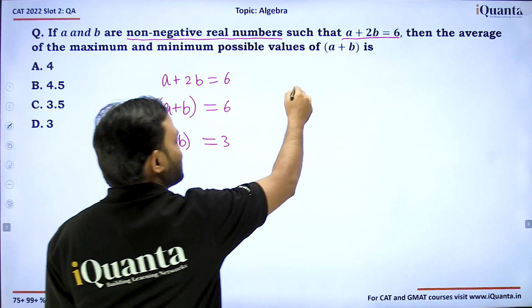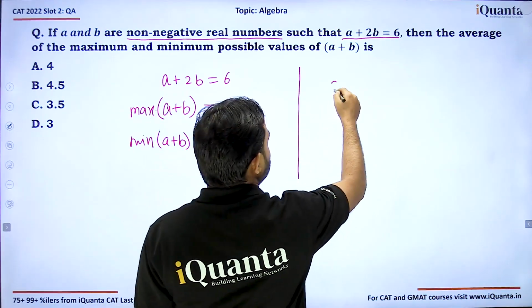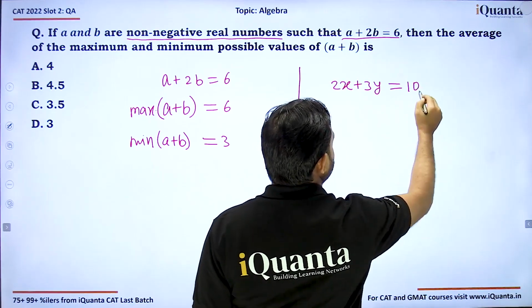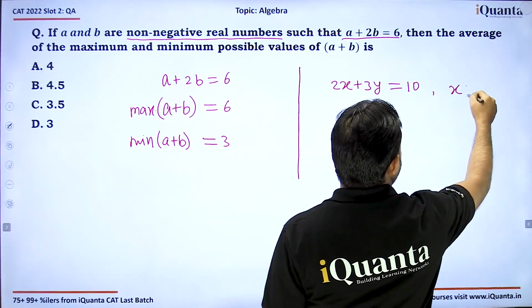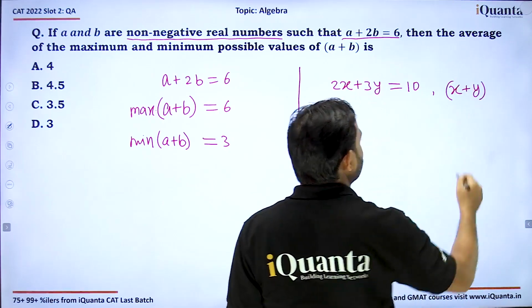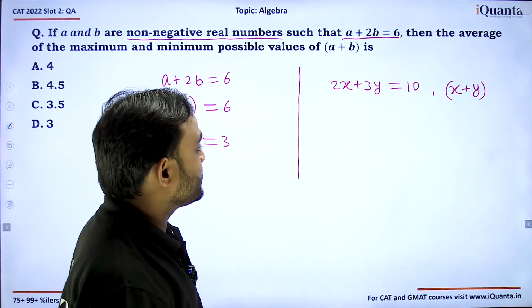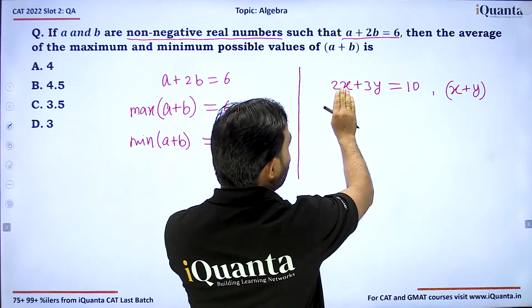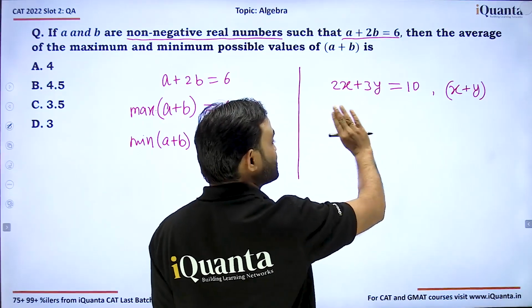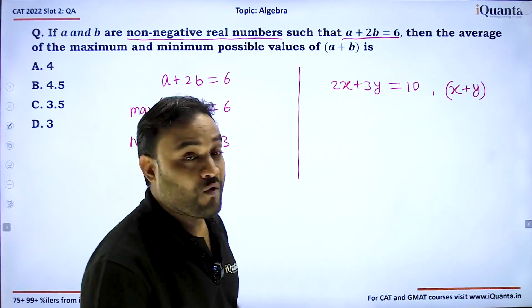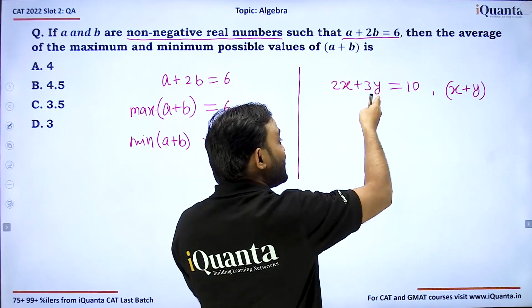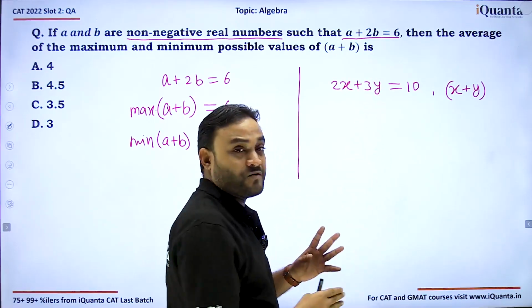Now you can understand it with a different example also, like let's say 2x plus 3y is equal to 10. Now if I want to maximize or minimize the value of x plus y, what can we do here? Coefficient of x is 2 and coefficient of y is 3. If you want to maximize x plus y, take y minimum, because coefficient of y is bigger.